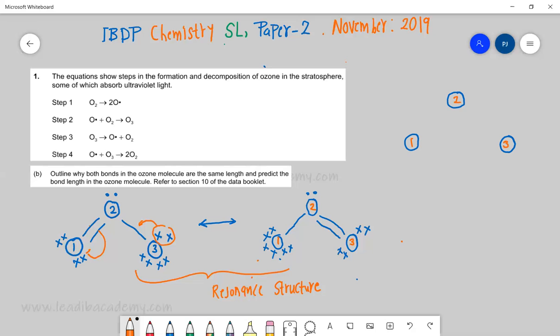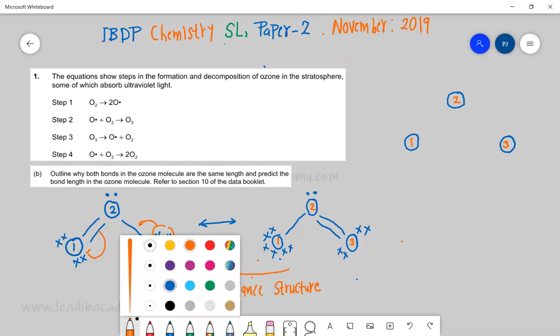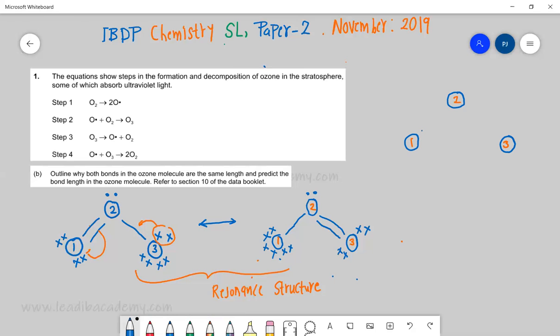Now we can say that there is no double bond between 1 and 2. It is in between, like a dotted one. Similarly, there is no strict double bond here. It is between a single bond and a double bond. So we can say it is neither single nor double bond.